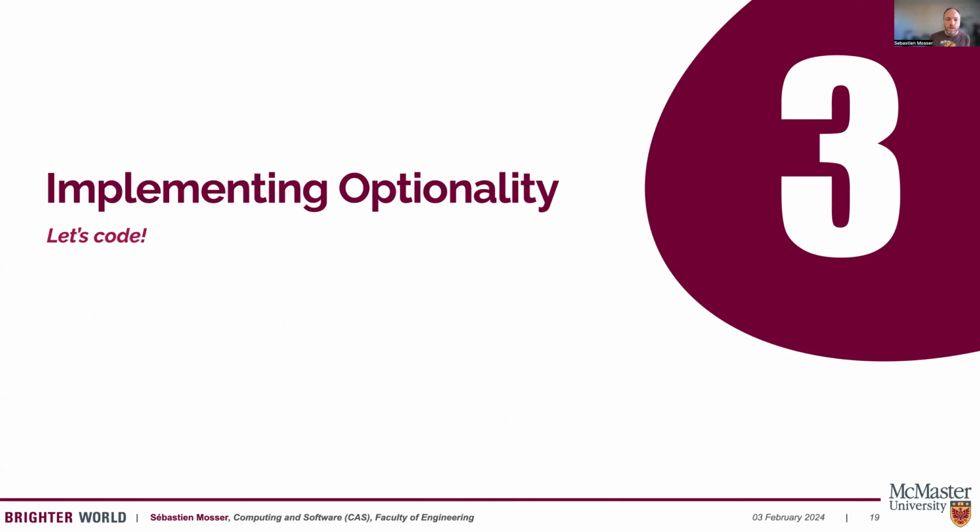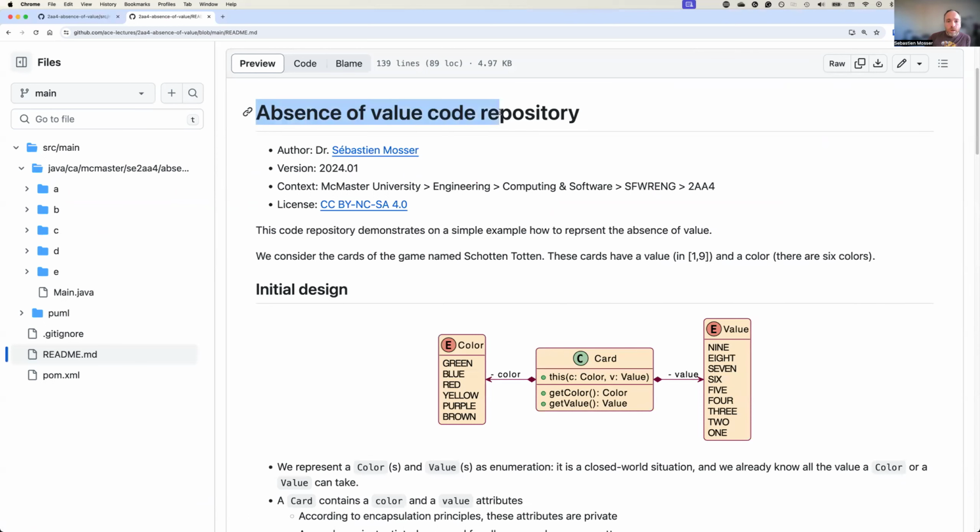So let's move to the demo. This is the repository that you can find. It's named absence of value. What you have in this repository is basically our initial design, which is here, and you'll see five variations of the design. We're going to explore those five variations together.